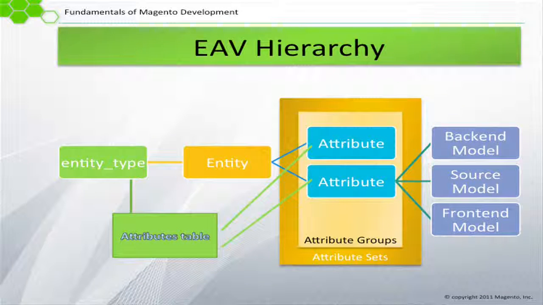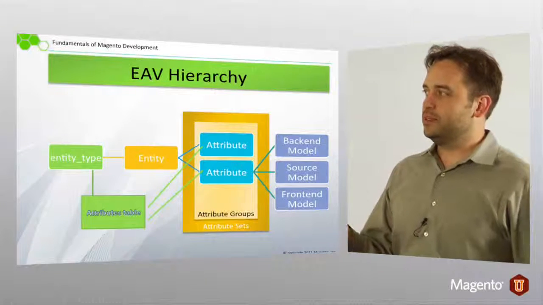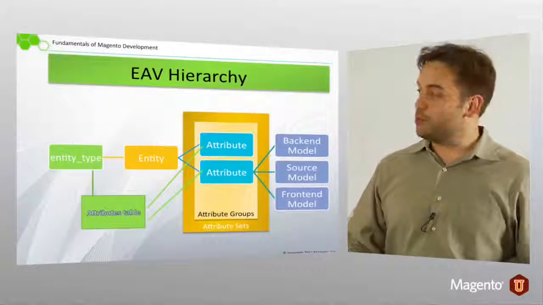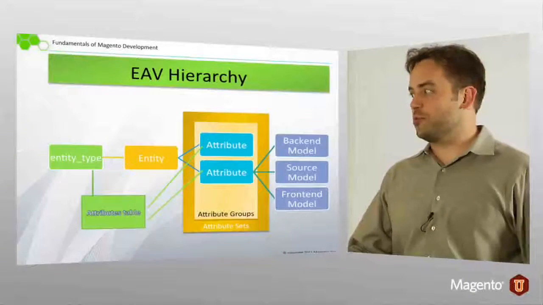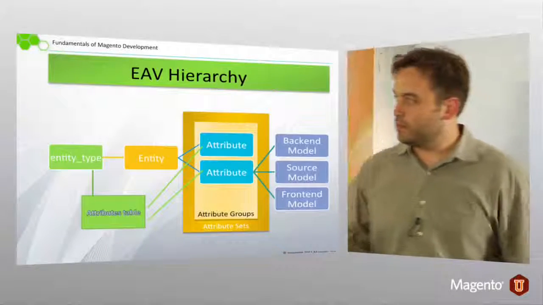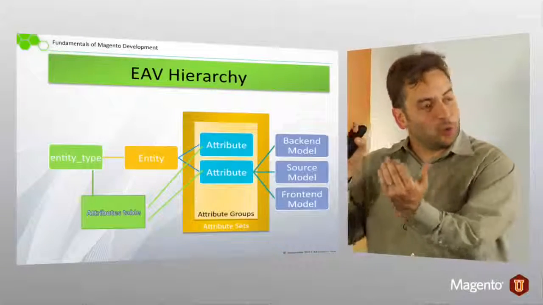All right, EAV hierarchy. Okay, so bear with me just a second. Entity type. So an entity has an entity type. Then there are also attribute tables. All right, so attributes. This is the important part of the slide. Attributes themselves are like their own little model world.